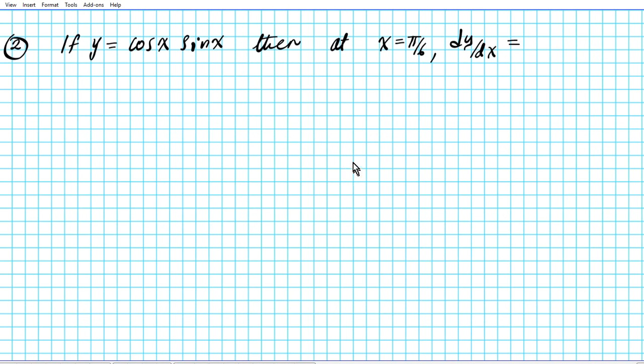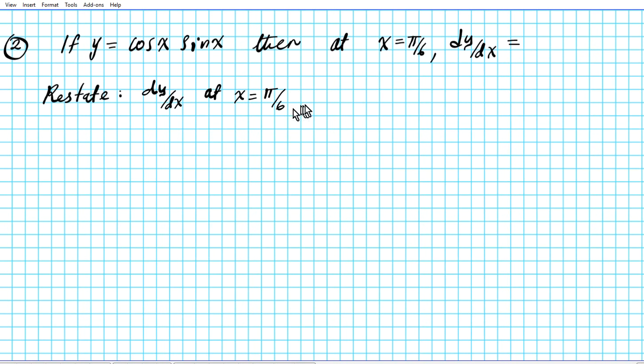Alright, so let's do this. What this problem is asking us to do is to find the derivative at a specific x value. So let's rewrite it using symbolic notation. We're going to restate the problem just to know exactly what we want to do, which is to find dy/dx at x equals pi over 6.